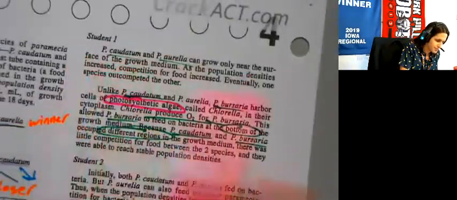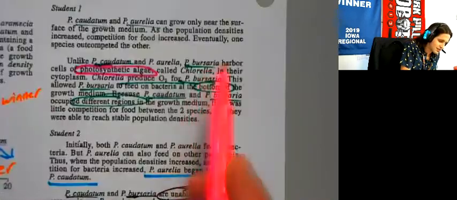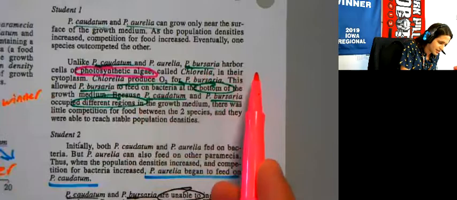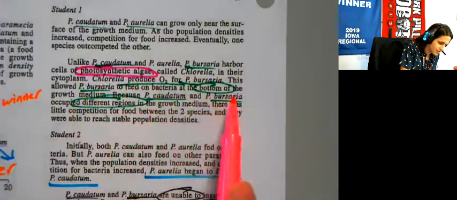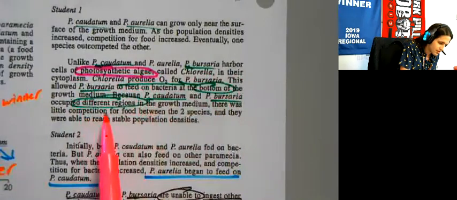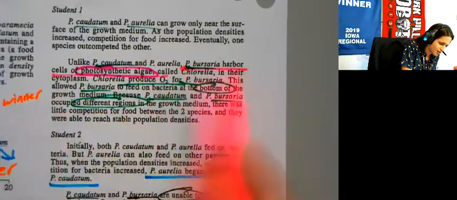Okay, let's look back here. You just got to scan for a symbiotic relationship. Oh, harbored cells of photosynthetic algae. Cytoplasm. Oh, harbor photosynthetic algae. What does it mean to harbor?